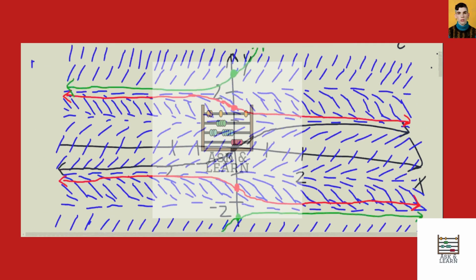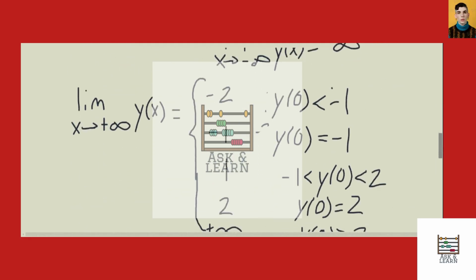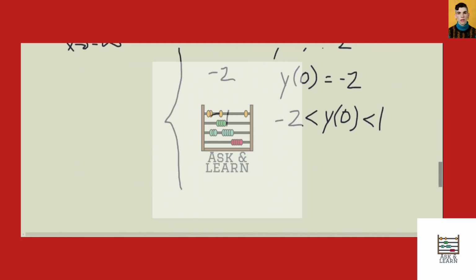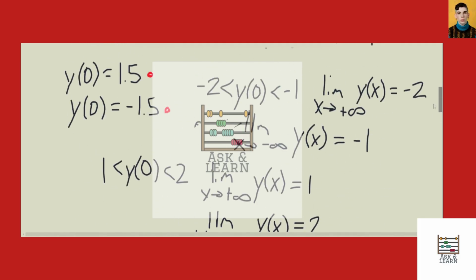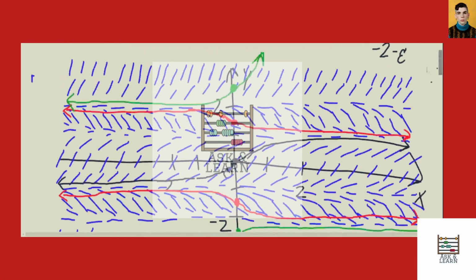If y of 0 is equal to 1, then we have the limit of y equals 1. If we have that y of 0 is greater than 1, then we see that the limit as x approaches negative infinity is going to be 2.